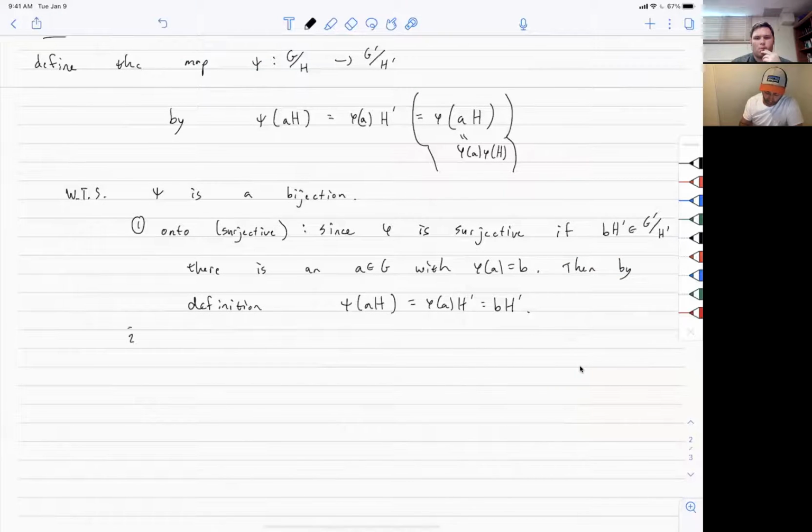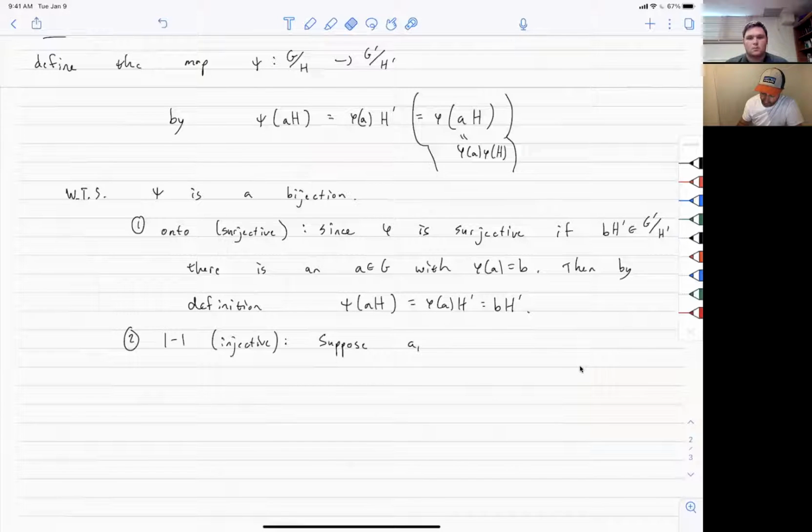So let's see what about 1-to-1, or injective. Okay, so let's suppose that we have A1H and A2H, with psi of A1H equals psi of A2H.